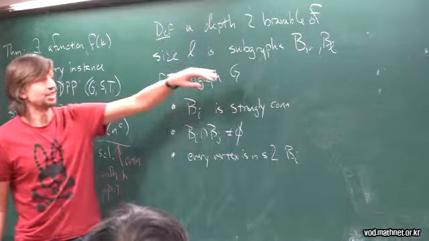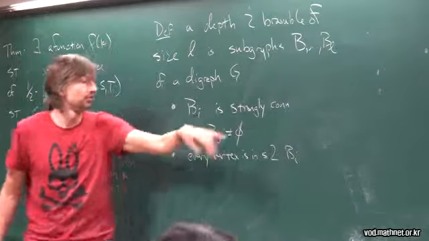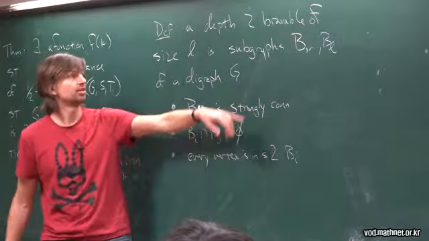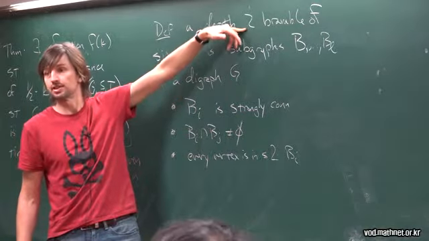So size is just the number of the Bi's that I have. They're all strongly connected and they pairwise intersect. And the depth here just means that every vertex is in at most 2 of them.